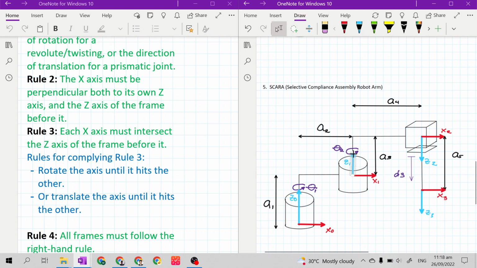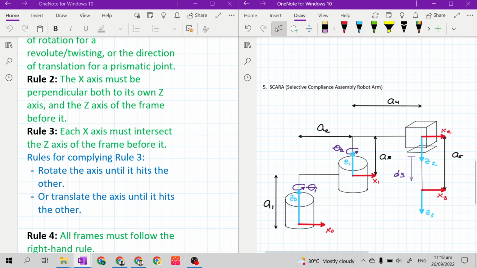If we extend z sub 1, it will not intersect with x sub 2. But if we extend x sub 2 to the left, it will intersect with z sub 1. So x sub 2 complies to rule 3.